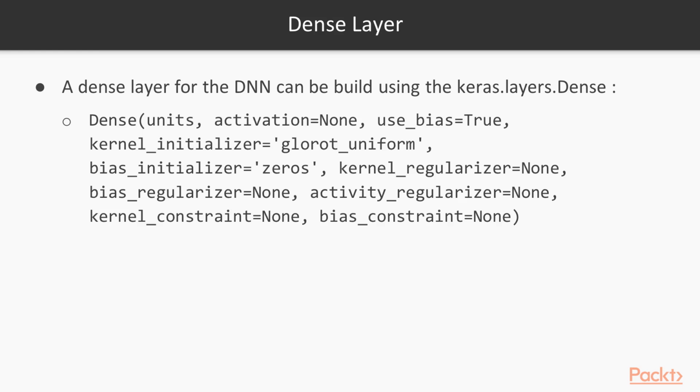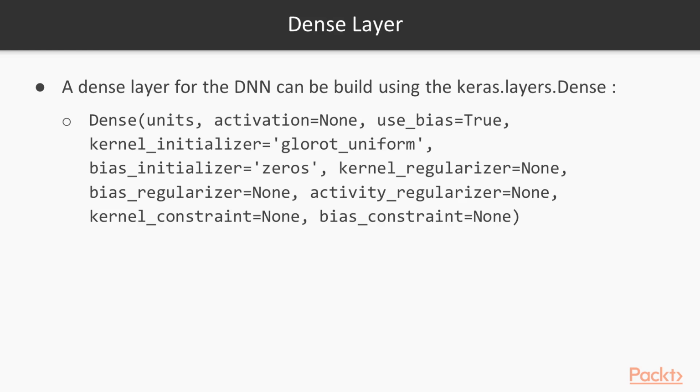By default, you have a bias in each dense layer, and the initializer for the weights of the layer is the Glorot uniform. The bias is initialized with zeros, and you can easily provide some regularization for the weights and some regularization for the bias if you would like to do it. Okay, so the sequential model and the dense layer are the key elements that we are going to use in this simple example.